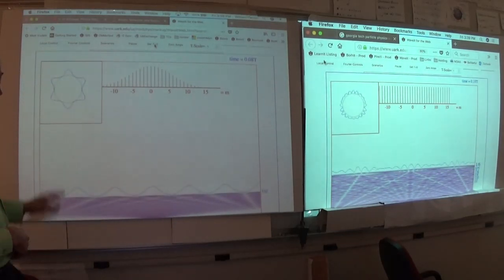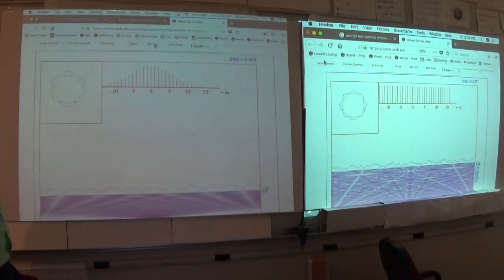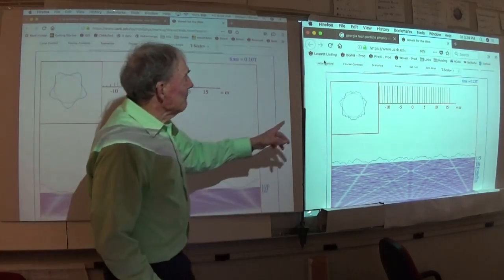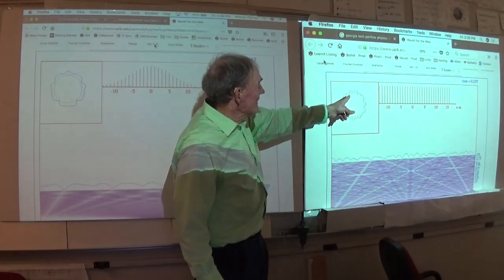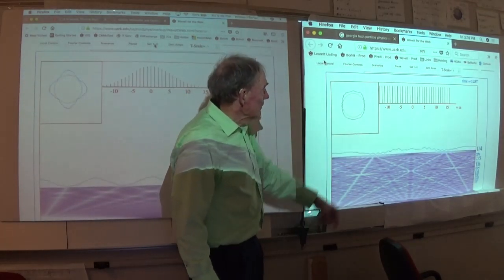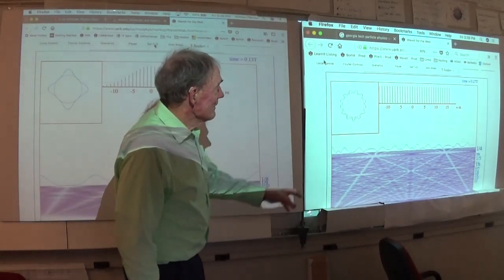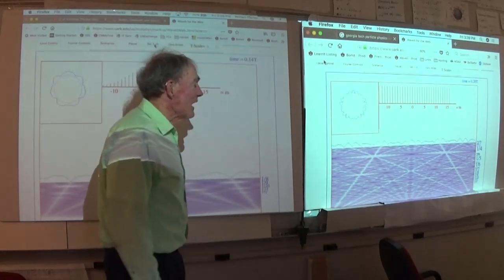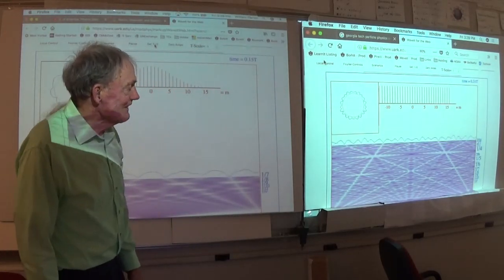Then I got 13. There were 13 peaks on the thing. But this one, all the peaks have hair on them. See the hair on that? It's a sine x over x. So you get all this crazy stuff for the zeros. This is fractal.